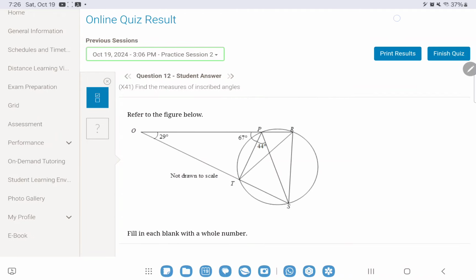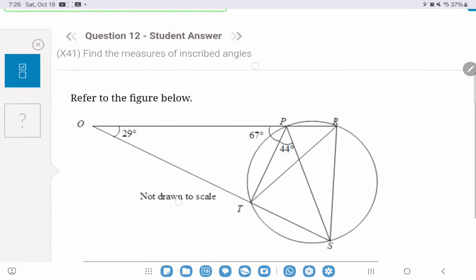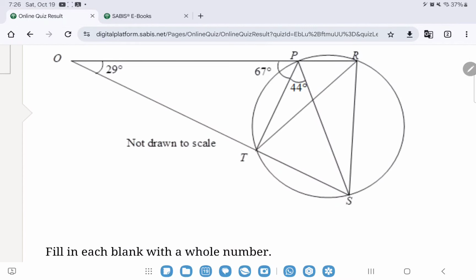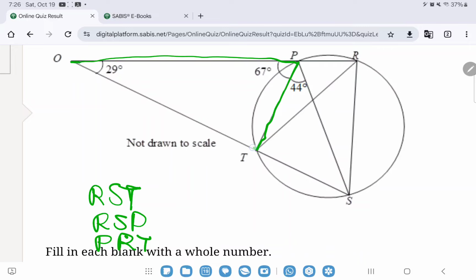Okay, so they're asking us in this question to find RST, RSP, and PRT. Let's start with finding as many angles as we can. So here, we have a triangle and it's missing only one angle.